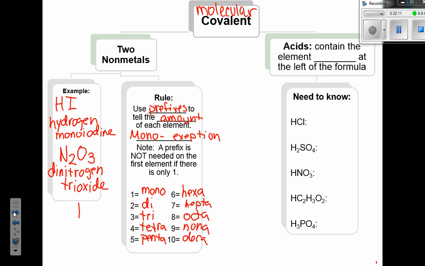For acids, which element do they contain at the beginning of the formula? Hydrogen. And what is this one called again? The stomach acid one. Hydrochloric. Sulfuric. Nitric.